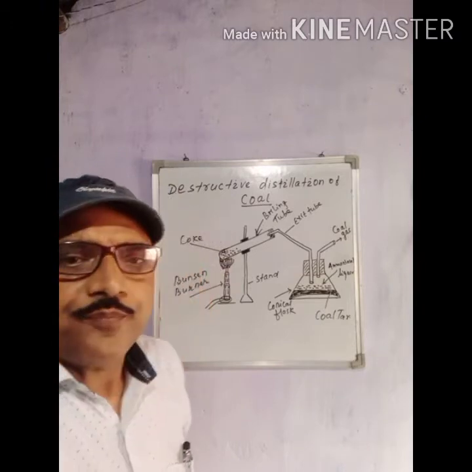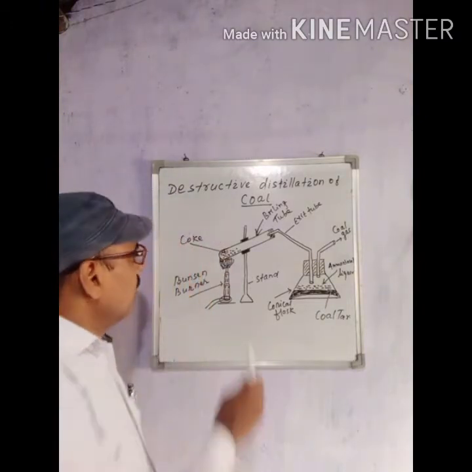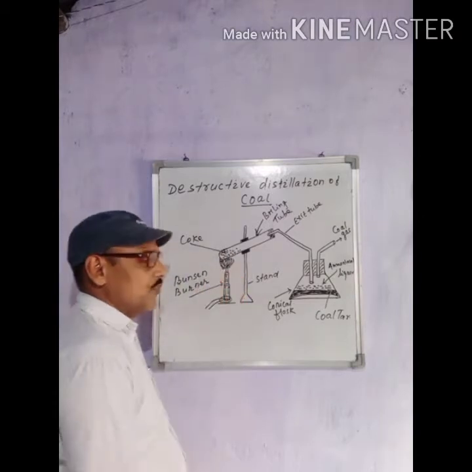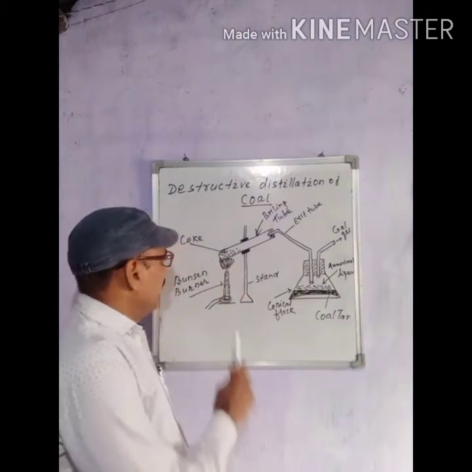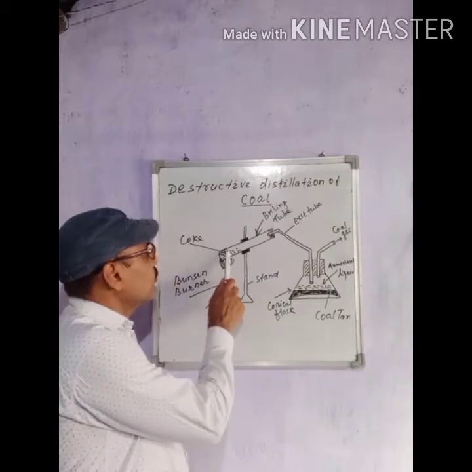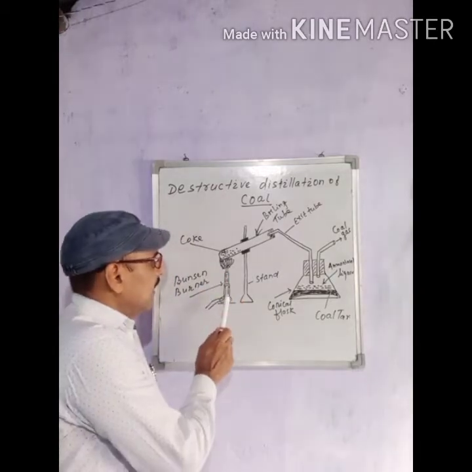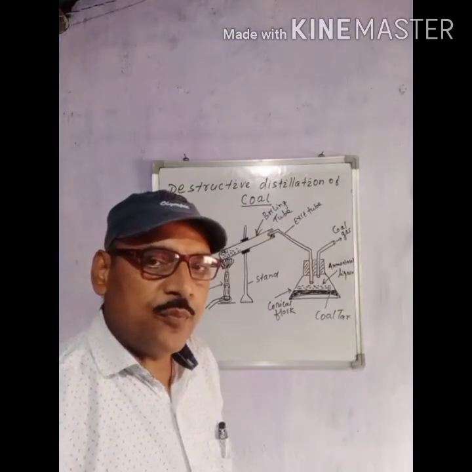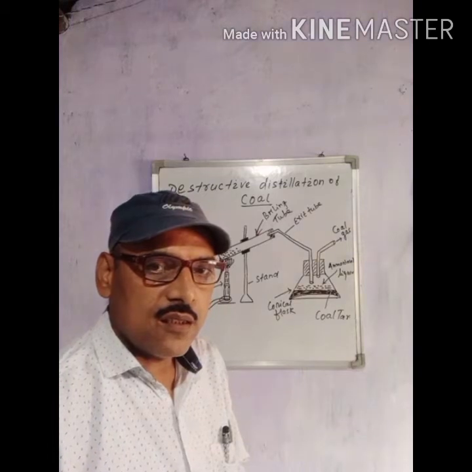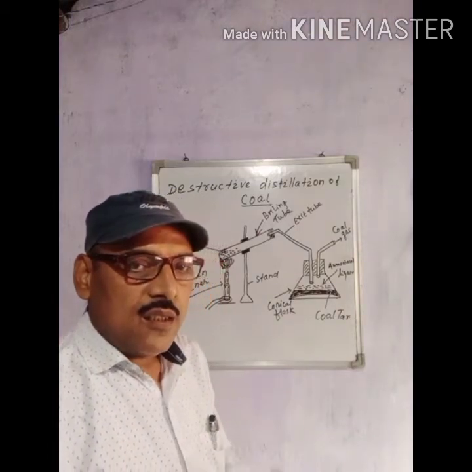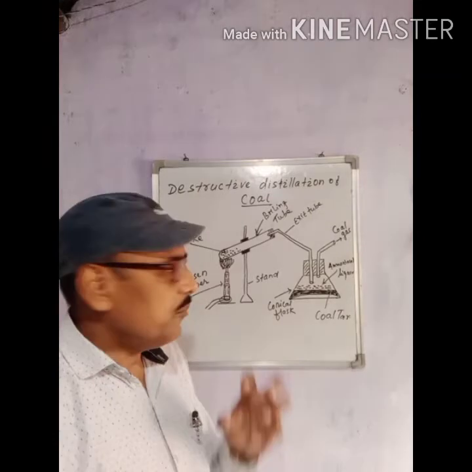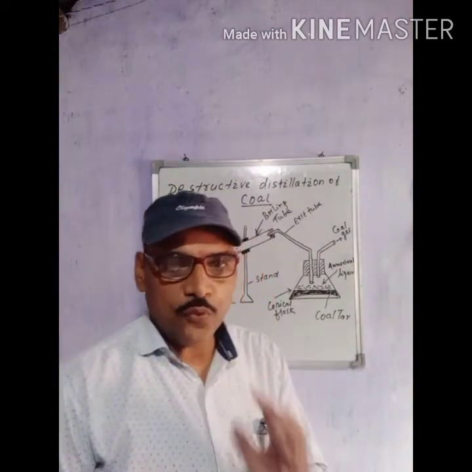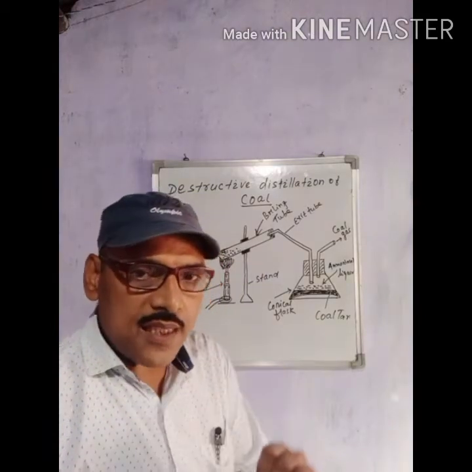In this diagram, powdered coal is taken in the boiling tube, and when this powdered coal is strongly heated by the help of Bunsen burner, it breaks down into four important ingredients.